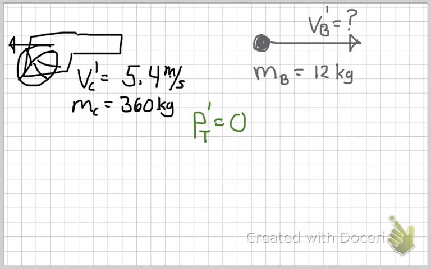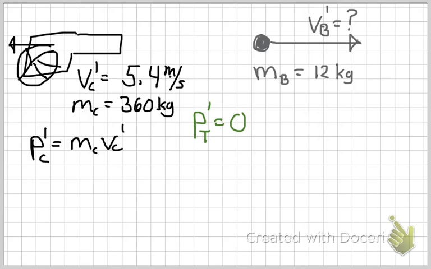So all I have to do to figure out the velocity of the cannonball is to figure out its momentum. To figure out the momentum of the cannonball, I'm first going to figure out the momentum of the cannon. So I'm going to say that the momentum of the cannon after the explosion is equal to the mass of the cannon, don't really need the prime for a mass, times the velocity of the cannon.